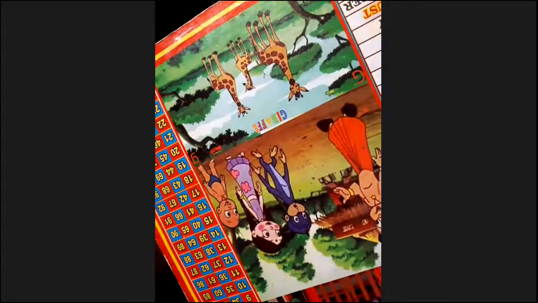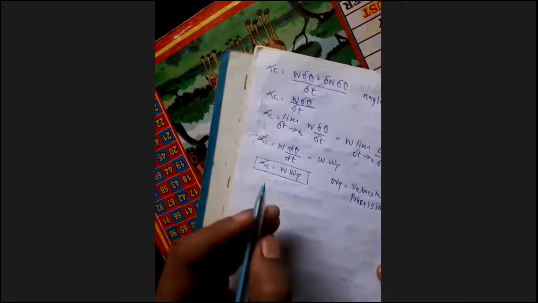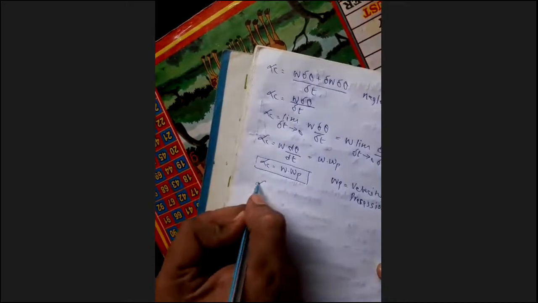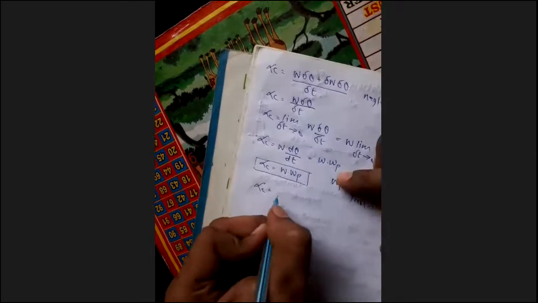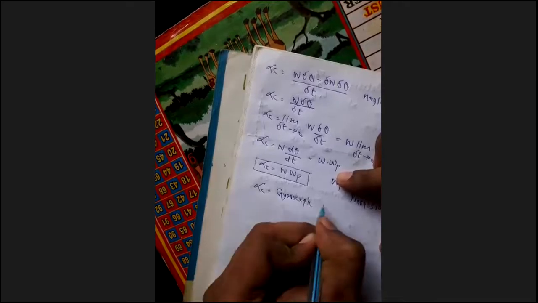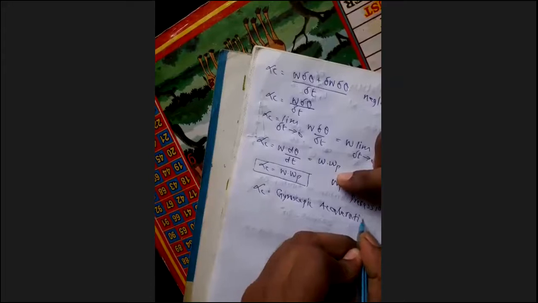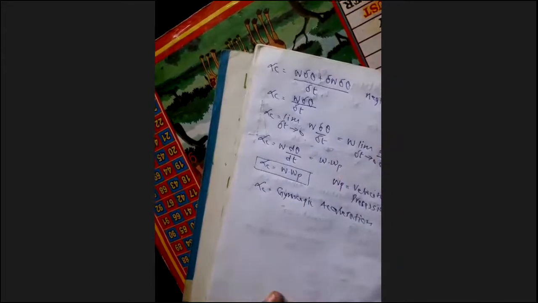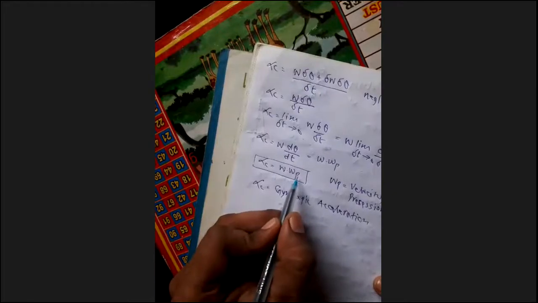Now this component of acceleration perpendicular to OX, alpha c, is called gyroscopic acceleration, whose formula is omega into omega p.